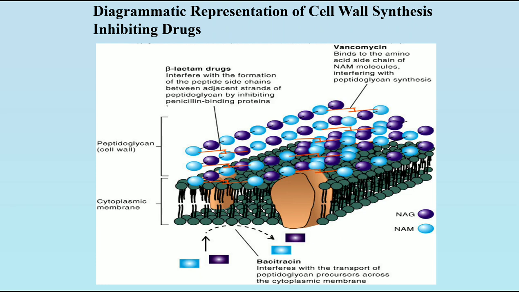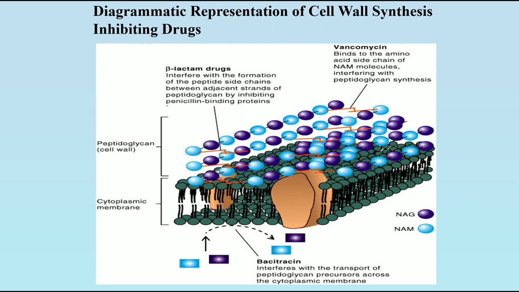So in case of vancomycin, it binds to the amino acid side chains of NAM molecules. NAM is the abbreviation of N-acetyl muramic acid, interfering with the peptidoglycan synthesis. And in case of bacitracin, it interferes with the transport of peptidoglycan precursors across the cytoplasmic membrane.